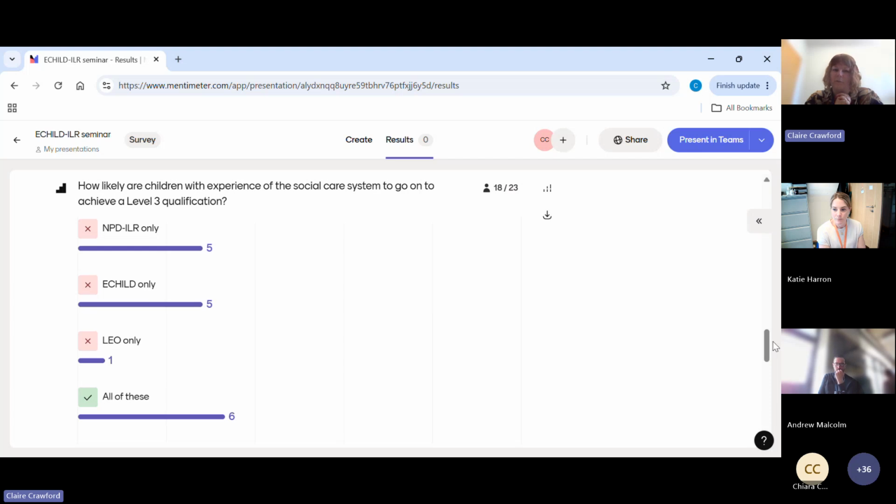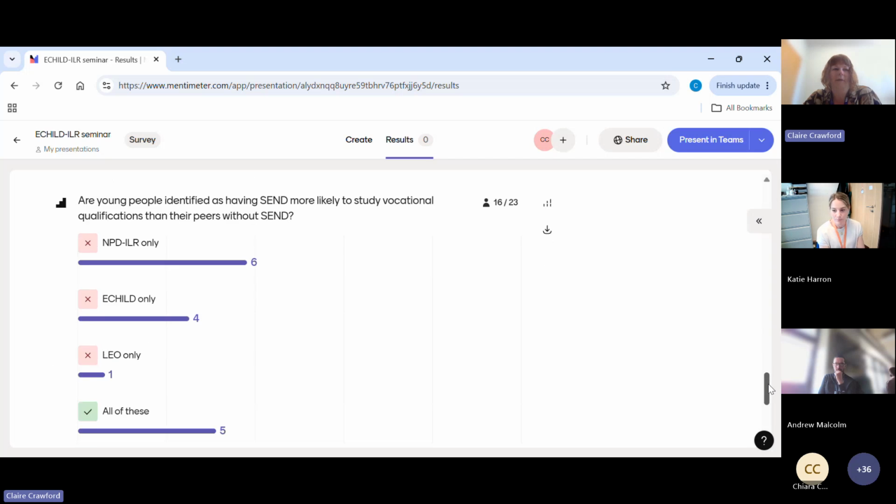So actually this is a question you could in principle answer with any of these three data sets. So again, if you want to apply to ECHILD, you really want to be sure that you're making use of the additional health information that ECHILD is bringing, and not necessarily just relying on it if you're mainly interested in the social care data outside of the health related implications of that.